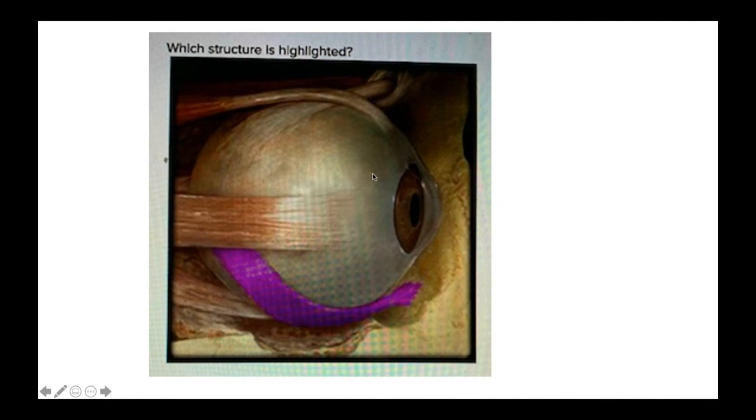Again, same picture, same illustration, but the one highlighted on the bottom. I'll give you a second to think about it. There's the superior rectus, lateral rectus, superior oblique going through the trochlear, inferior rectus, this one wrapping around that creates torsion of the eye. You got it, inferior oblique.